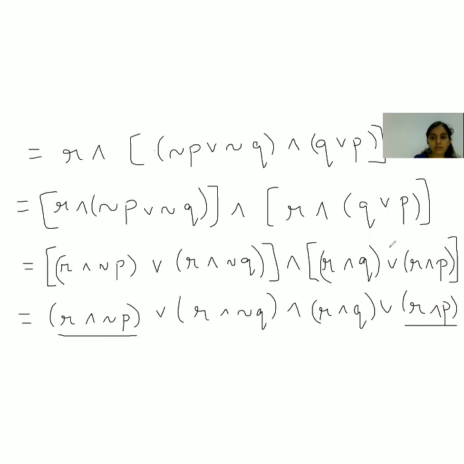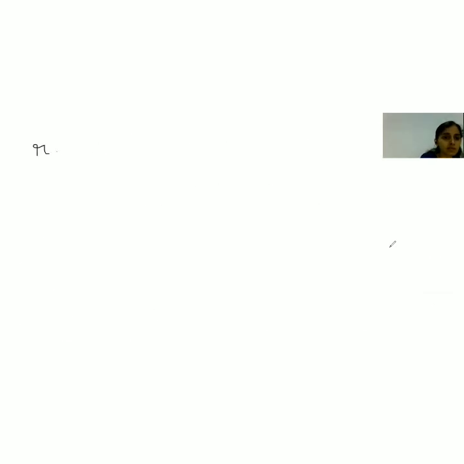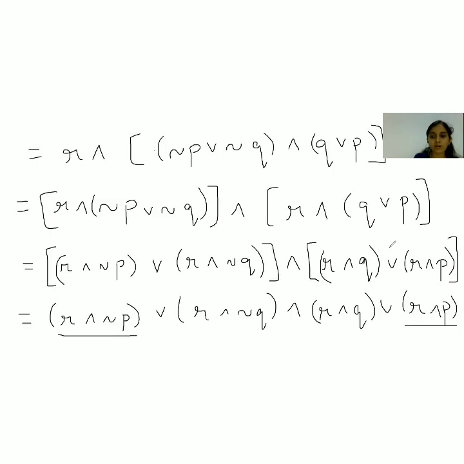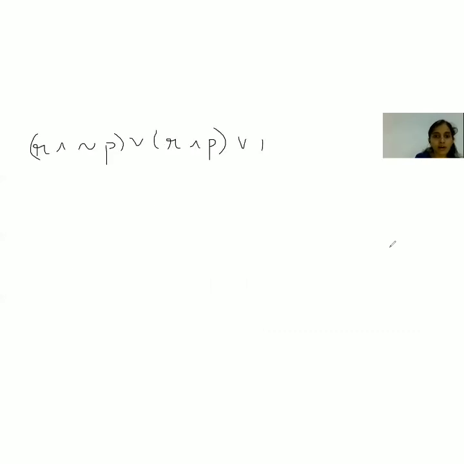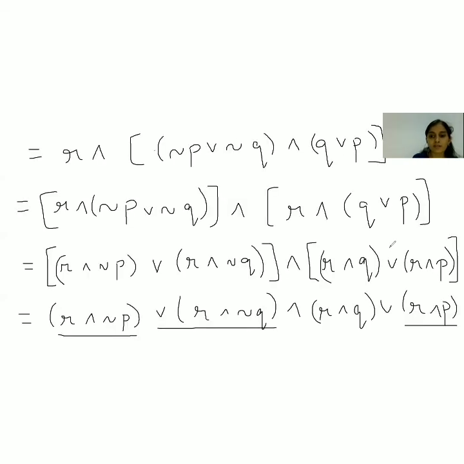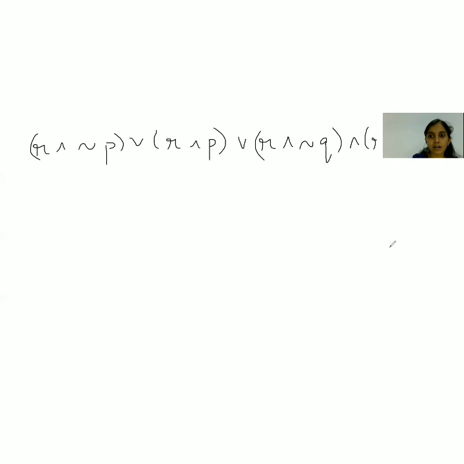R and negation P is your first bracket or R and P, then or R and negation Q, and R and Q.